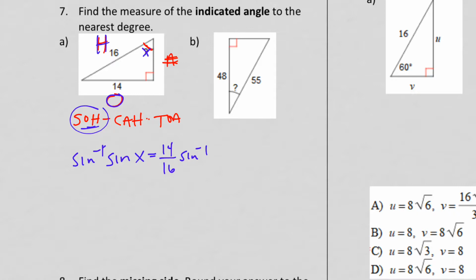Then these cancel, X comes out free and clear, and equals the inverse sine of 14 over 16. With your calculator, you can just press those buttons, and you get X equals approximately 61 degrees. So we found the missing angle.